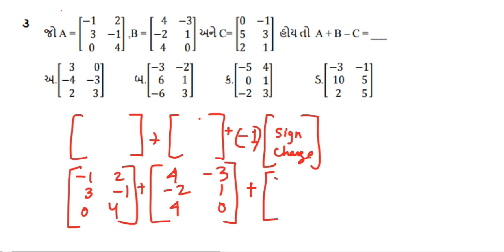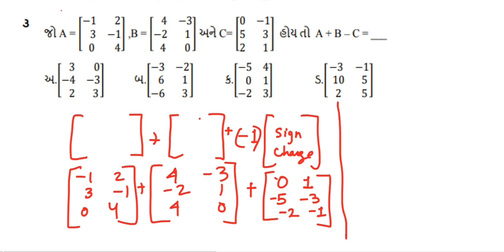So it will be 0. Initially it was -1, but now it will be +1. Initially it was 5, but now it will be -5. Similarly it will be -3, -2 and -1. This will be your matrix.